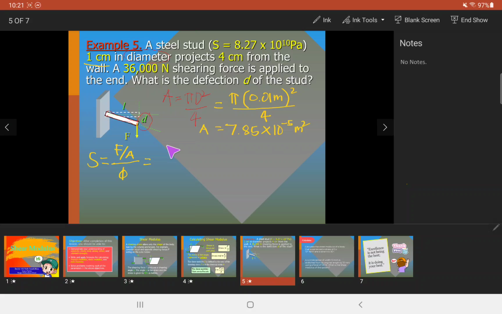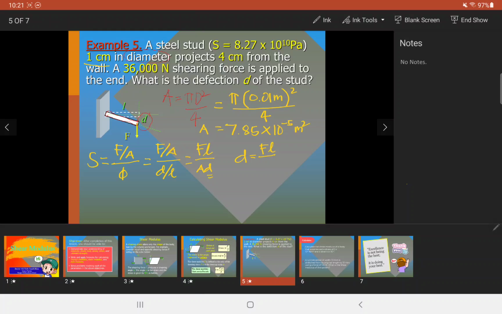That is F over A, and we know that phi is equivalent to D over L, or that is also equivalent to F L over A S.